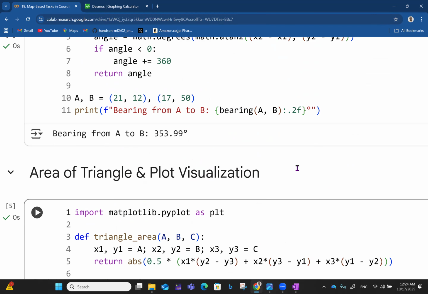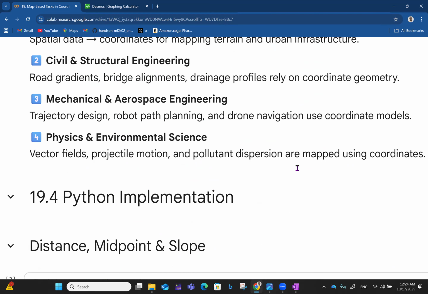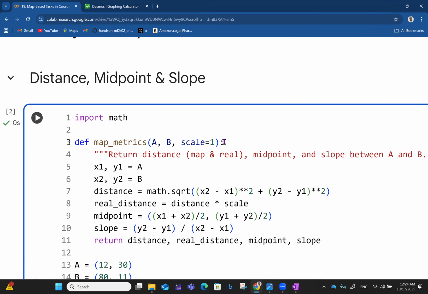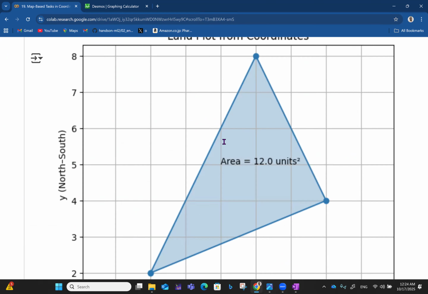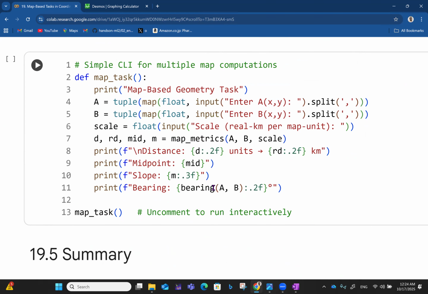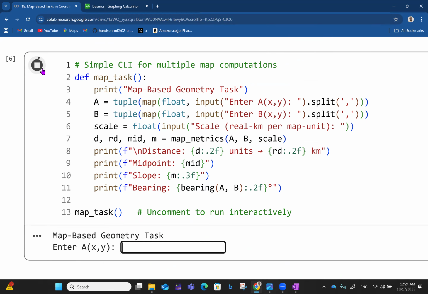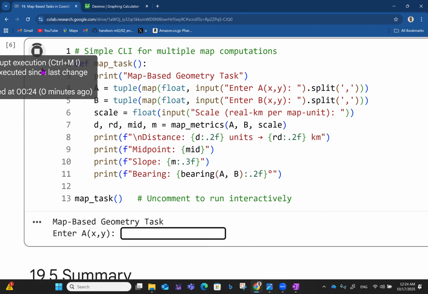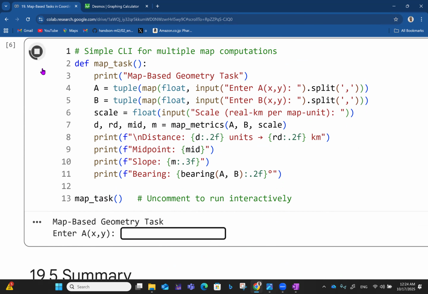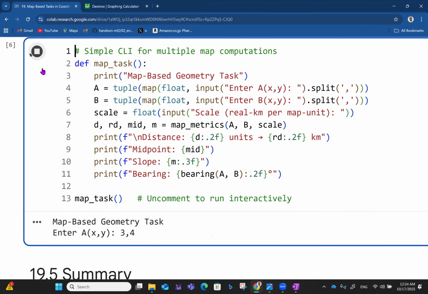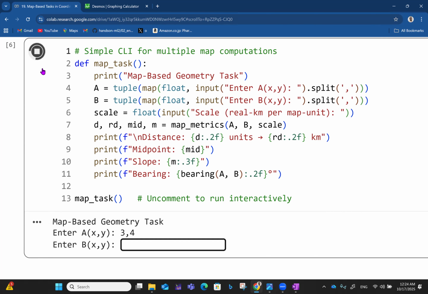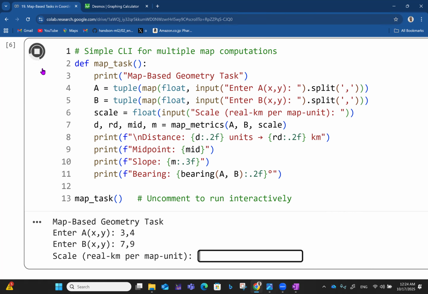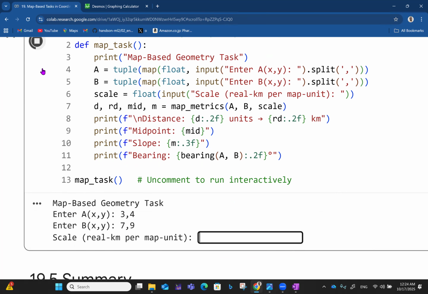So this code now is still built on what we defined in this particular place, right? So this code is dependent on that part. So if I run this now, it asks me to enter. If you have any random points you want to use, you can just say, okay, let this be 3,4. 3,4 taken, and then maybe I say 7,9 taken, and then scale, real kilometers per map.